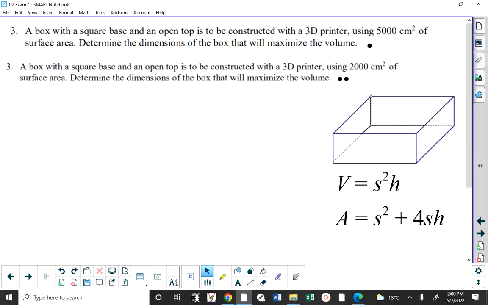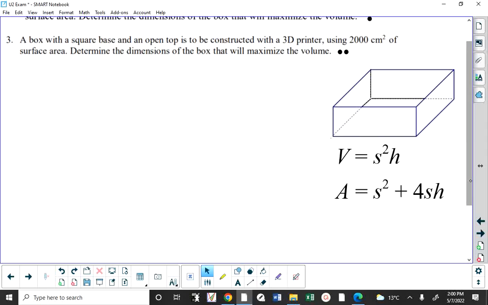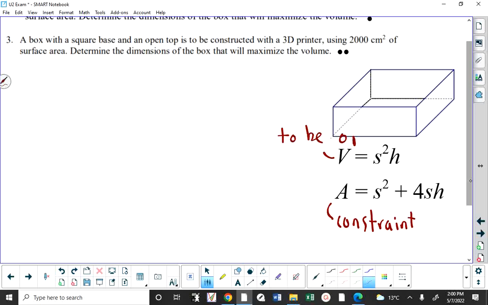And if that's the question you did, you need to understand that this is the constraint equation. And I will get to the structure of this equation in a second, but this is the constraint, and this is to be optimized.